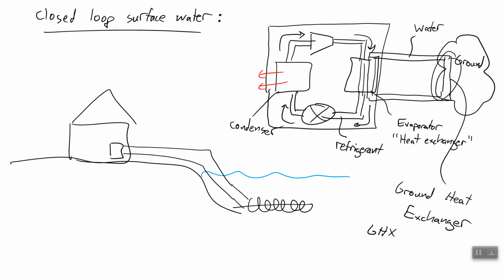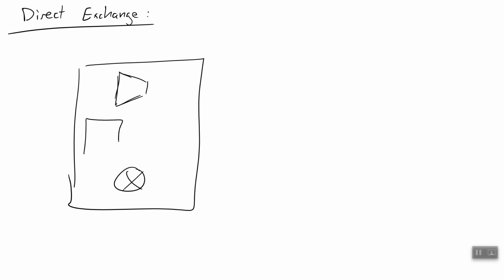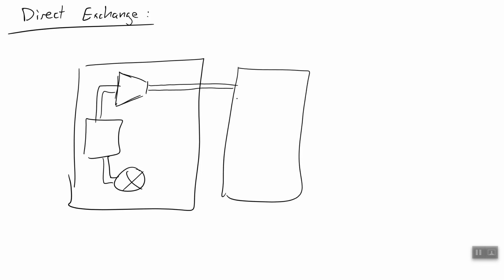Okay, and I bring this up because we also have what we call a direct exchange system, which is where, let's draw our heat pump again. We have our turbine and our expansion valve and our condenser, and we have refrigerant running through these lines. Now, instead of our refrigerant exchanging heat with another fluid which runs through the ground, we actually put our refrigerant directly into the ground.